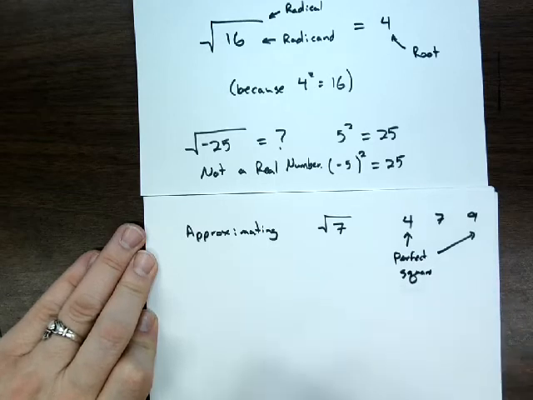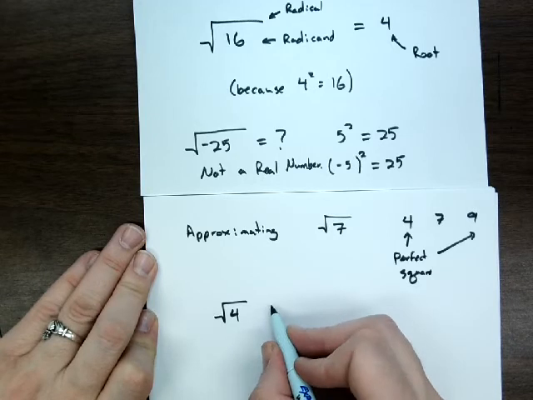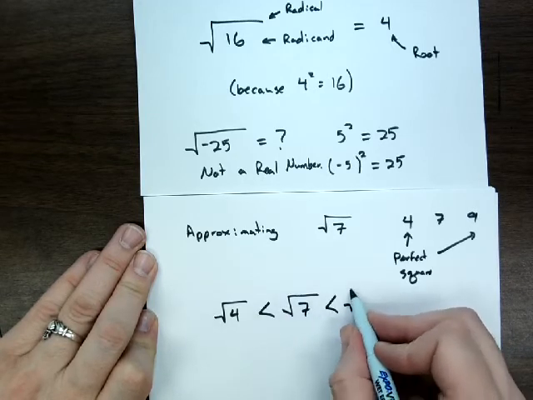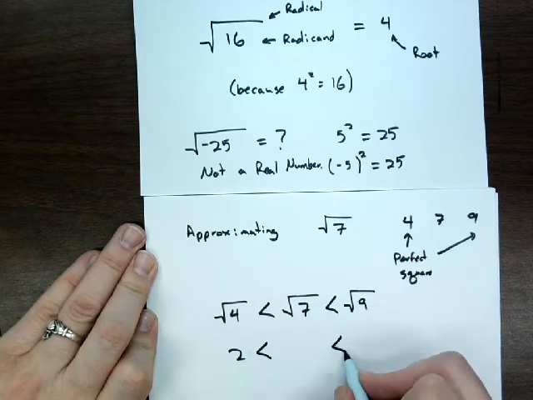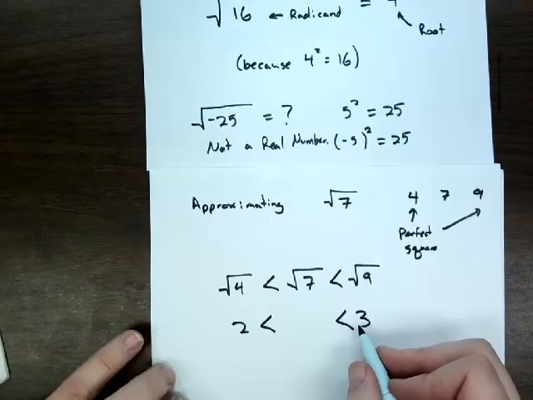The square root of 4 is 2, and the square root of 9 is 3. So this is going to be somewhere in between the 2 and the 3.